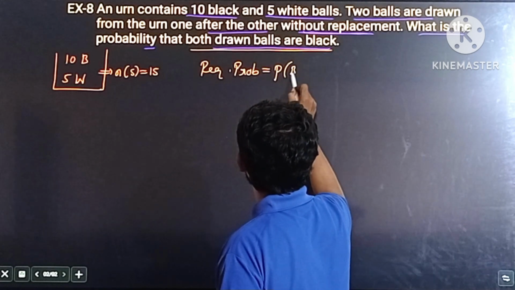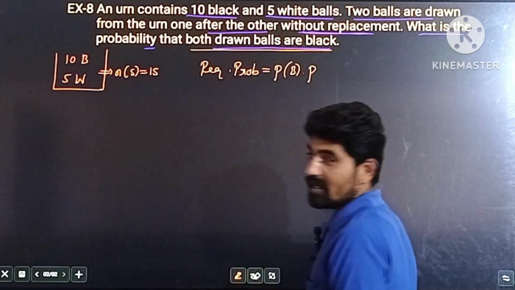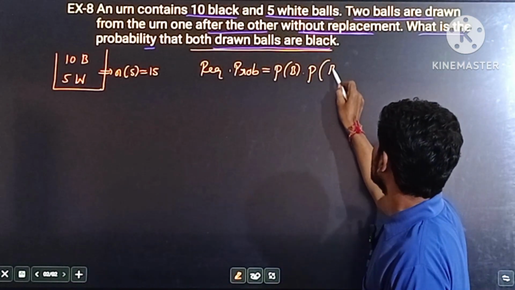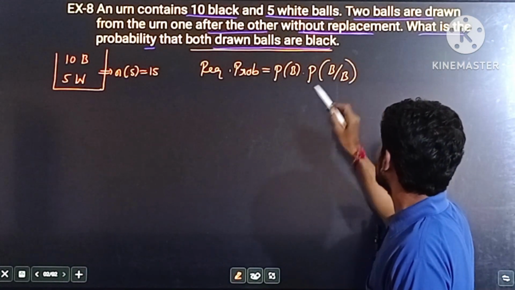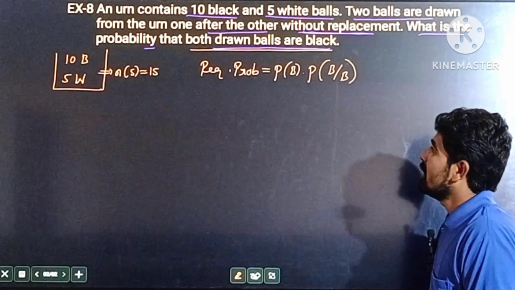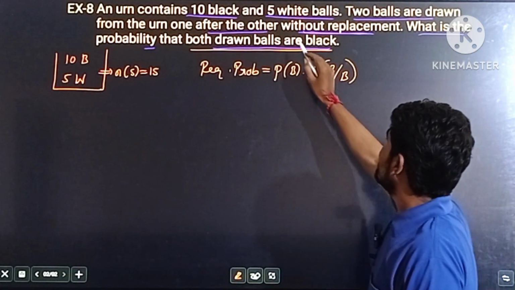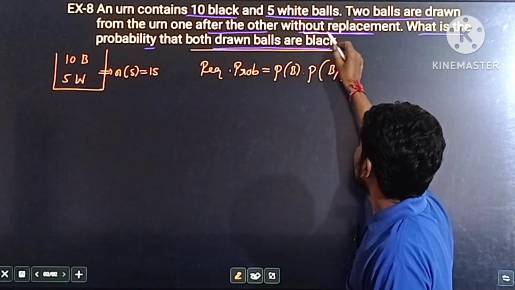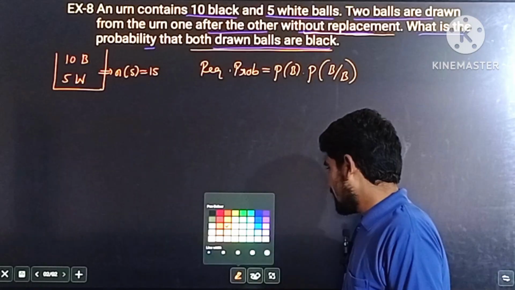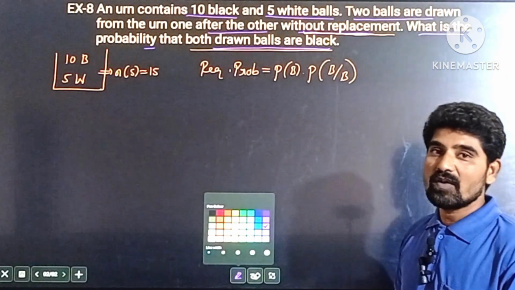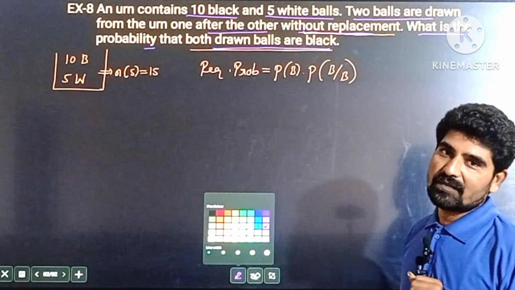Probability of the first black ball, and probability that the second ball is also black, given that the first ball is already a black ball. He is taking the two balls in without replacement manner, which means the probability of the second ball depends on the first ball.